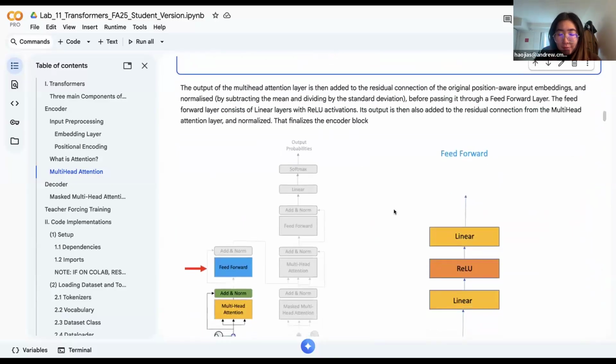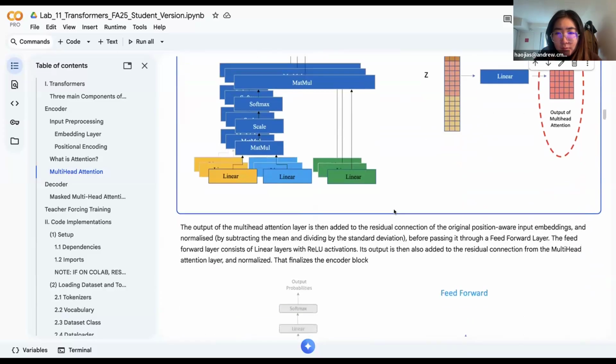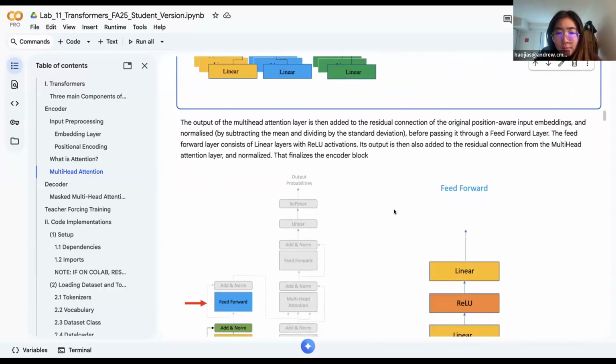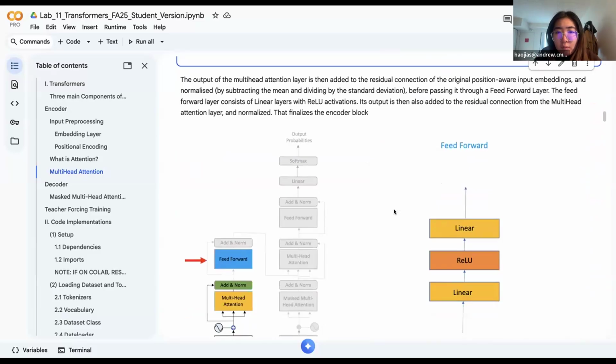After we calculate this attention layer, in this transformer architecture it is added to the residual connection of the original position-aware input embeddings. The reason we do this residual connection is that when we are updating the gradient and doing the backward pass, we don't want to lose the original information.